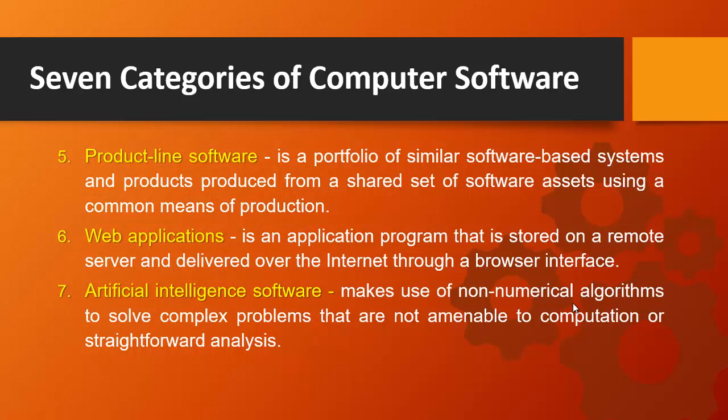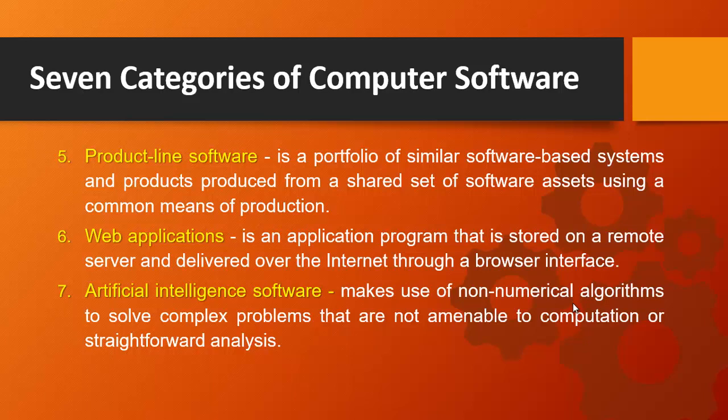Next, we have the product line software. A product line software is a portfolio of similar software-based systems and products produced from a shared set of software assets using a common means of production. Examples of these are inventory control products and word processing.